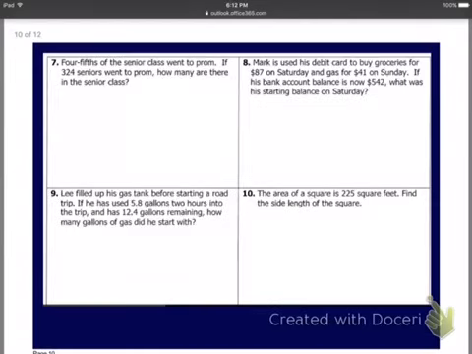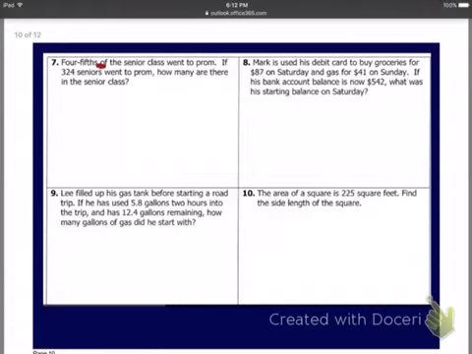Got a couple of quick examples here that we want to look at. Number 7 says 4/5 of the senior class went to prom. If 324 seniors went to the prom, how many are there in the senior class? So it's 4/5 of some number. Remember that when we see of, that means that we're going to multiply. So we want to know what that number would be. We know that 4/5 is equal to 324.